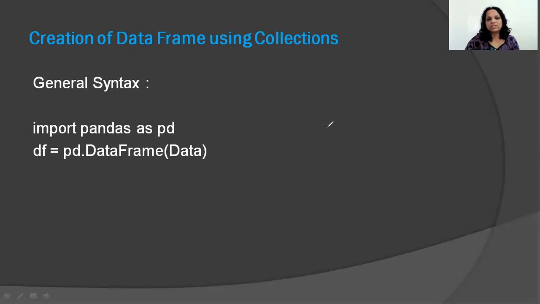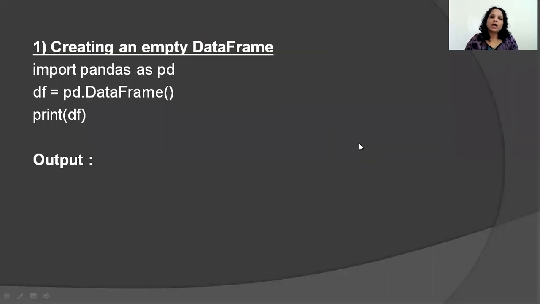To create an empty data frame, I write pd.DataFrame and I do not provide any parameter. So no data is provided. What does that mean? That you have created an empty data frame. Now you might think, after creating an empty data frame, what?